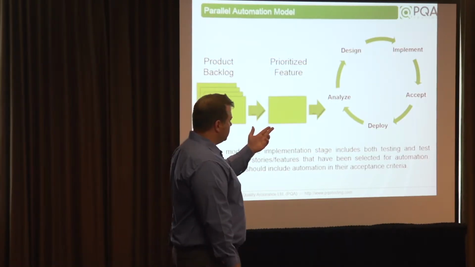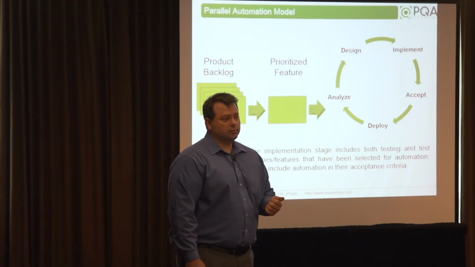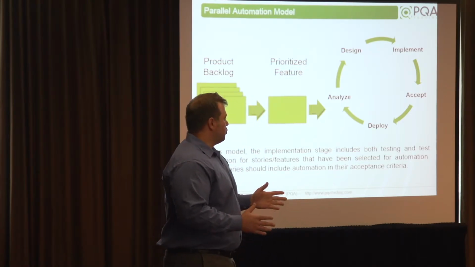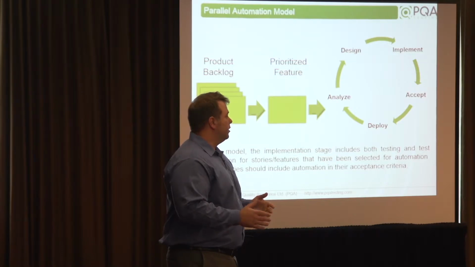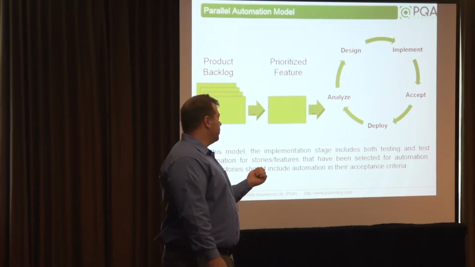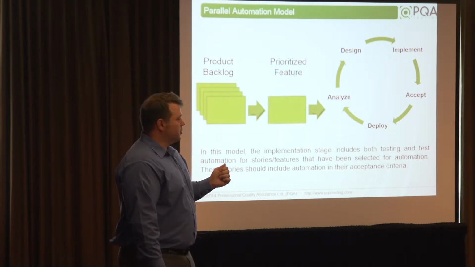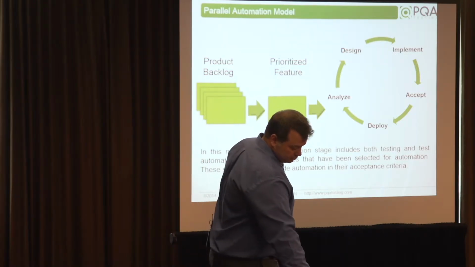This implementation would have to include the test automation, so that would have to happen in order to be within good agile practice. That test automation would have to be done, deployed, and running before the story would be accepted. So for any stories you've pulled in or any features you want to build, you need to have the automation completed to be using this model.